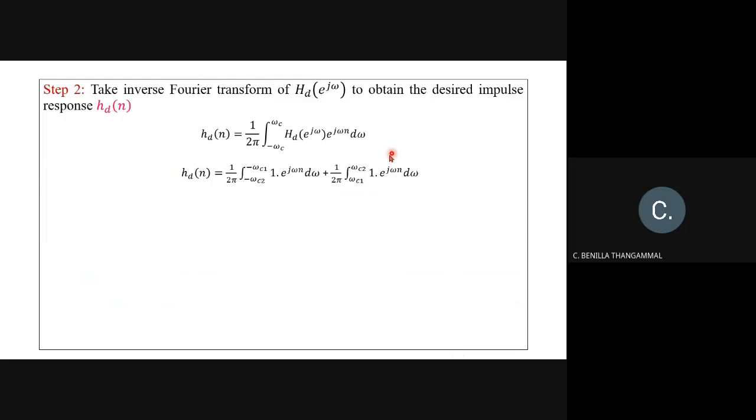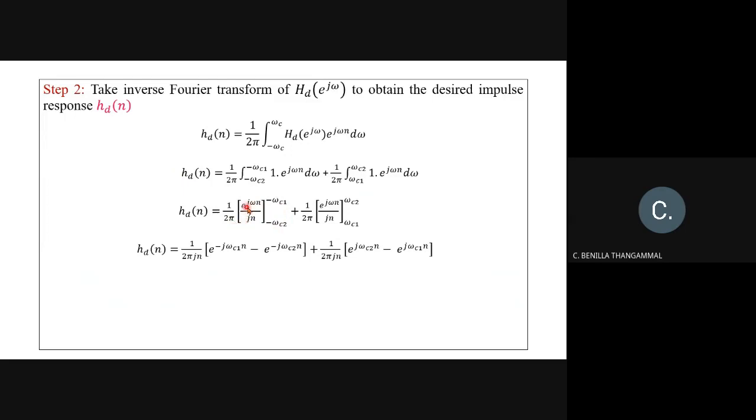Now integrate e power j omega n and substitute your limits here, upper limit minus lower limit. So 1 by 2 pi jn times e power minus j omega c1 n minus e power minus j omega c2 n, plus 1 by 2 pi jn times e power j omega c2 n minus e power j omega c1 n.